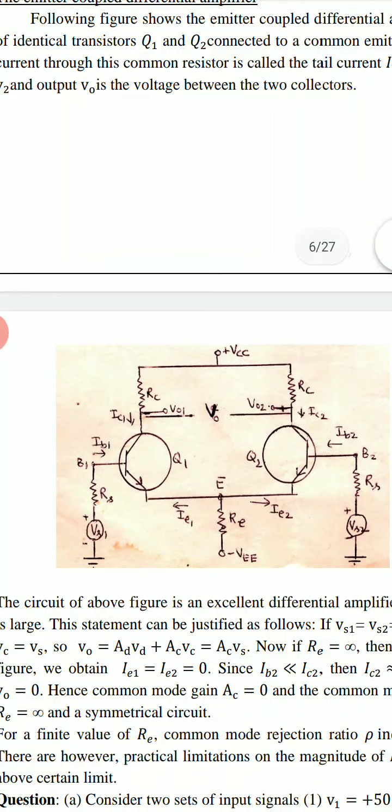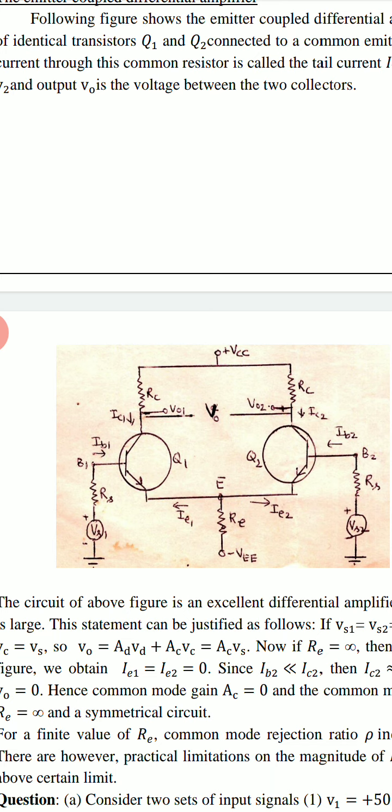Two input signals Vs1 and Vs2 are applied on base of each transistor. Vs1 is applied to base B1 of transistor Q1, and second signal Vs2 is applied to the base of second transistor Q2.